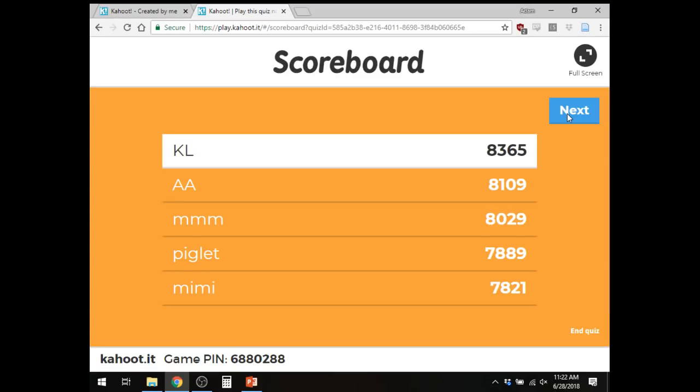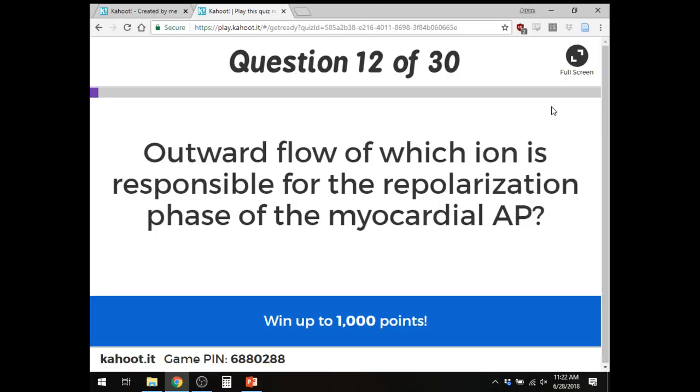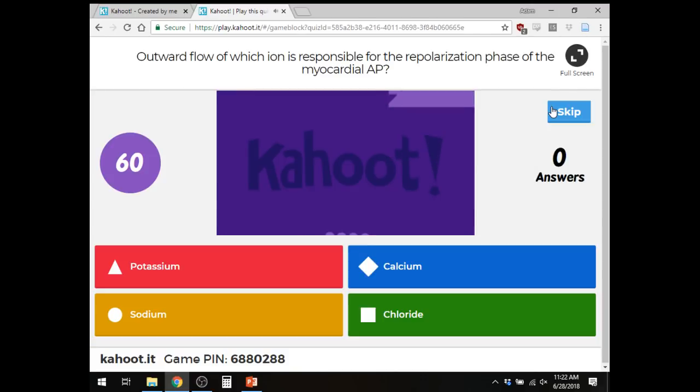Anyway, all right. Okay, outward flow of which ion is responsible for the repolarization phase of the myocardial action potential? We kind of discussed this one already.